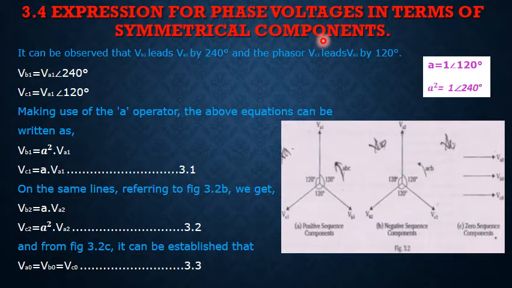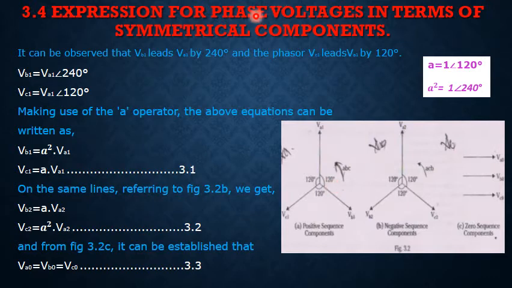In this module, as I discussed in the previous session, we are going to convert the unbalanced phasor values with the help of symmetrical components. As we know, there are three types of symmetrical components: the positive sequence component, the negative sequence component, and the zero sequence component. These are the respective phasor diagrams for each component, which we already discussed in our previous session.